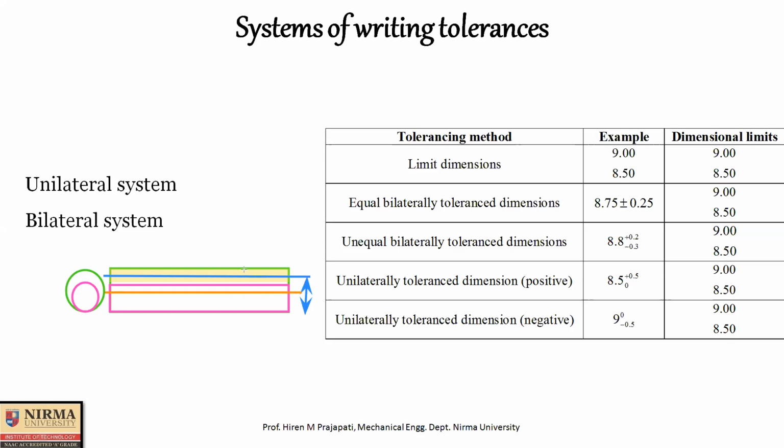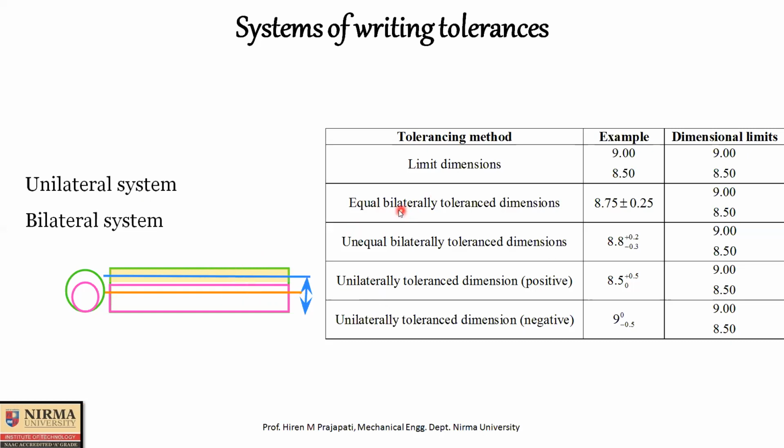Look here, the entire yellow tolerance zone is above the orange line. If you give that type of tolerancing, then that is called a unilateral tolerance. I think this graphical representation is clear to all.